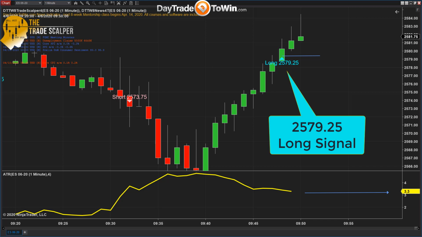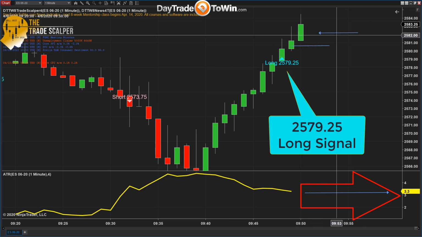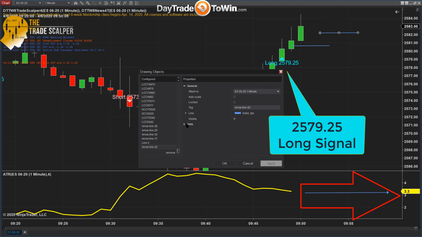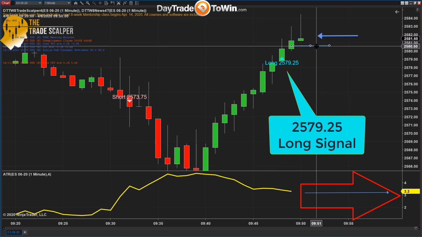So if you look at the current conditions, which are about 3 points, 3.25 points, this tells me very specifically that this next candle, or this next candle, or this next candle, let me make this a little bit bigger here, this next candle right here is going to be on average 3 points.